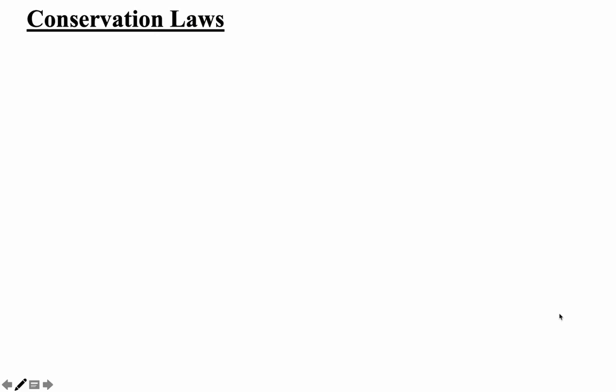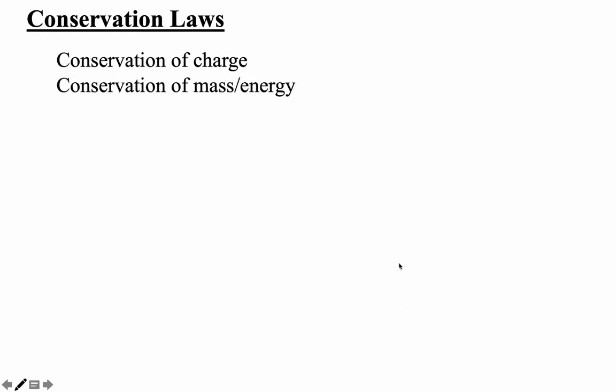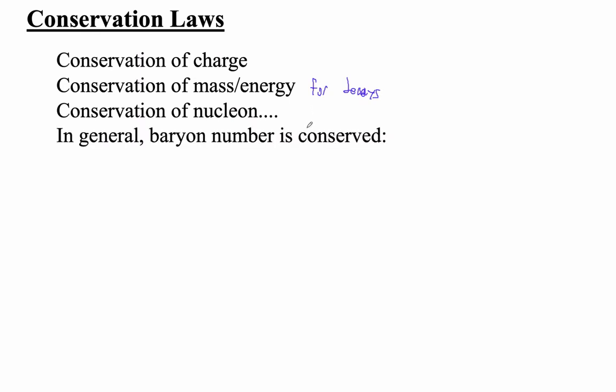Okay, so here are some conservation laws. Obviously, charge is going to be conserved. Mass energy is conserved, and this, by the way, is conserved for decays. I'll show you when, we don't have to worry about mass energy. Conservation of nucleon is sort of, right? But really, in general, the baryon number is conserved.